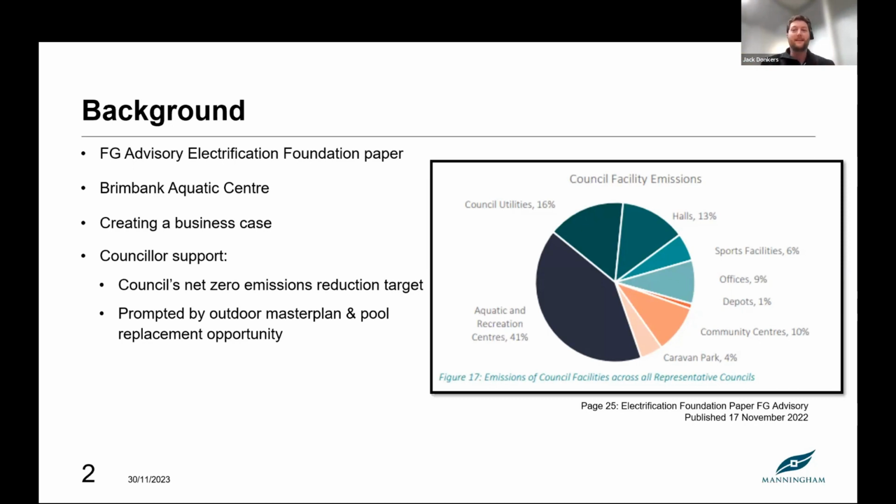But from those learnings and that improvement in efficiency in running an aquatic centre, we were able to create a business case and take that to our executive management team, not our emergency management team with the same acronym, and say this is what other councils are doing and this is our goal for the future, trying to get to net zero. We believe that our aquatic centre is definitely a major feature which needs to be looked at. What are your thoughts? And they absolutely agreed. We got councillor support as well.